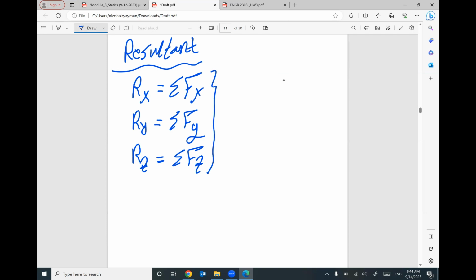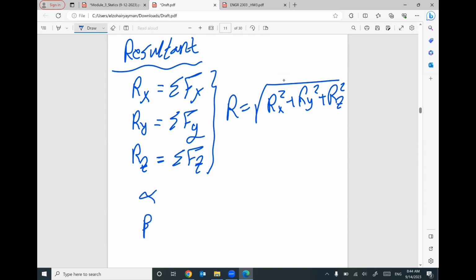Since you can get the three components of your resultant, the resultant value itself will be the square root of X component squared plus Y component squared plus Z component squared. And we also have alpha, beta, gamma, three angles for this resultant force.